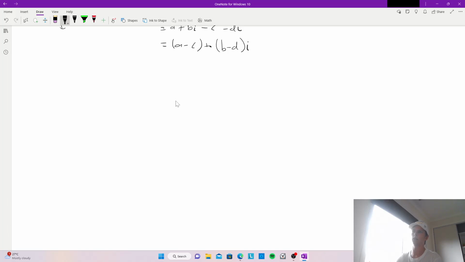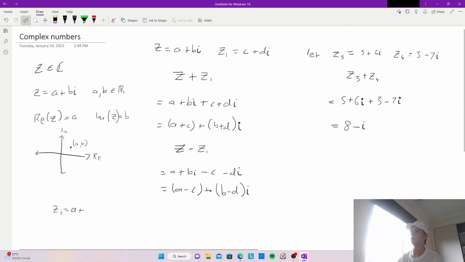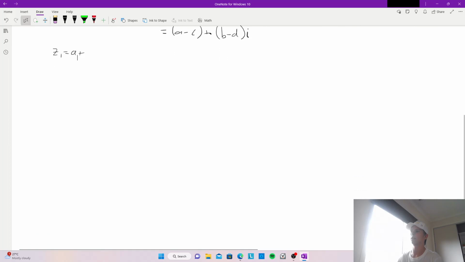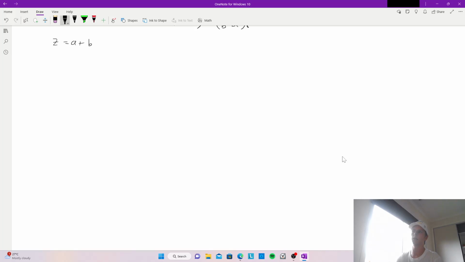We'll keep the same examples. So we'll have Z, which is A plus Bi, and then Z1 is equal to C plus Di.